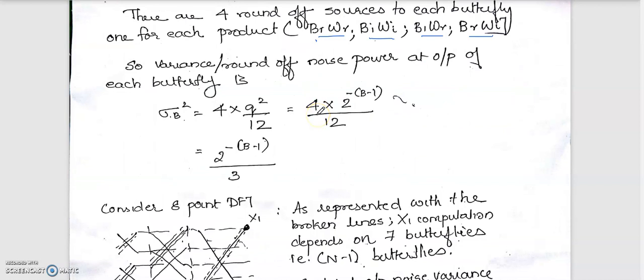As you can see over here, the variance of the noise power at the output will be 4 into q squared by 12. Usually it is q squared by 12, but since there are 4 multiplications involved, it will be 4 into q squared by 12. That will be equal to 4 into 2 raised to minus 2b by 12, which is equal to 2 raised to minus 2b divided by 3.